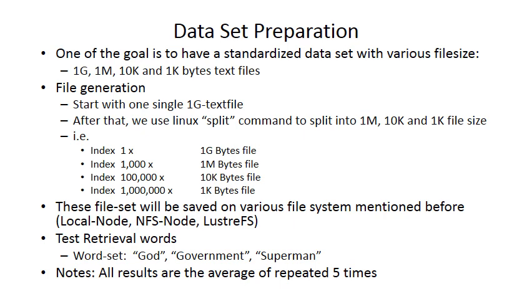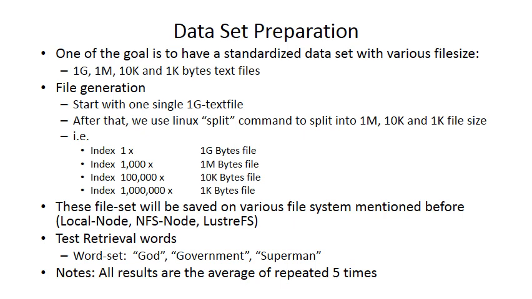So how do we generate these files? We first start with one big 1 gigabyte text file. After that, we use the split command and run some scripts to break it down into 1 meg, 10K, and 1K file sizes.